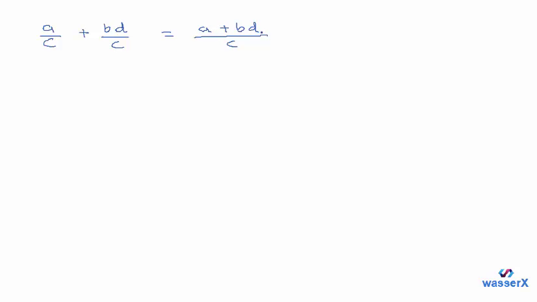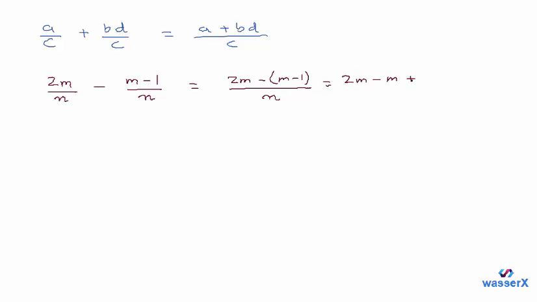Similarly, if you were to do the subtraction 2m over n minus m minus 1 over n, you would take the common denominator, which is n, and subtract the numerators 2m minus m minus 1, which is the same as 2m minus m plus 1.